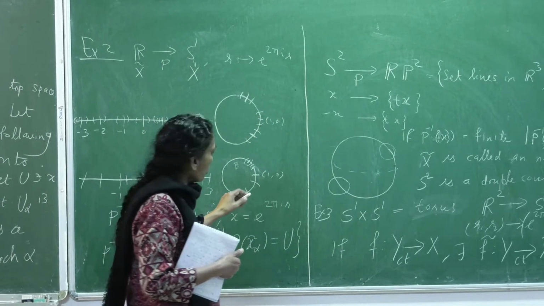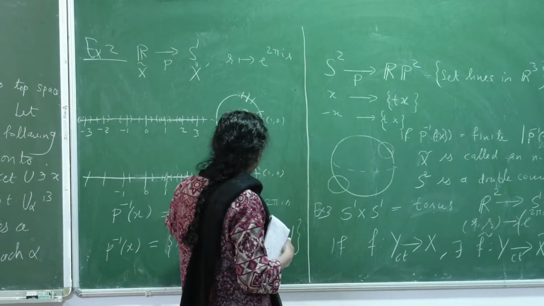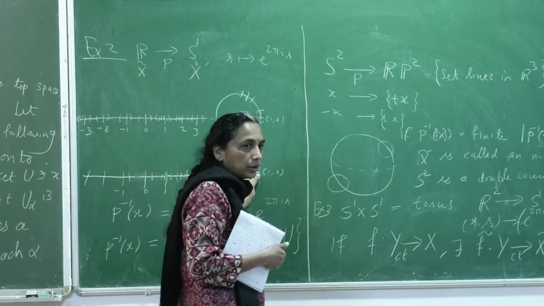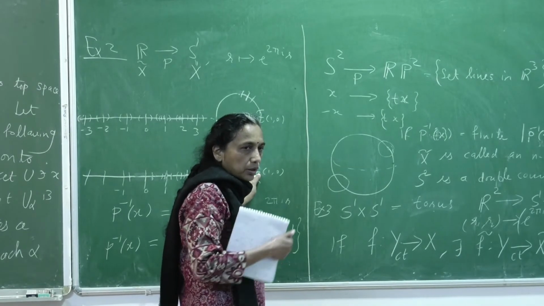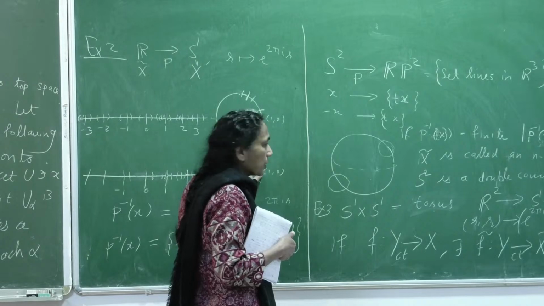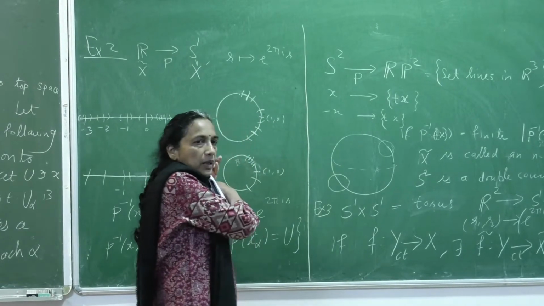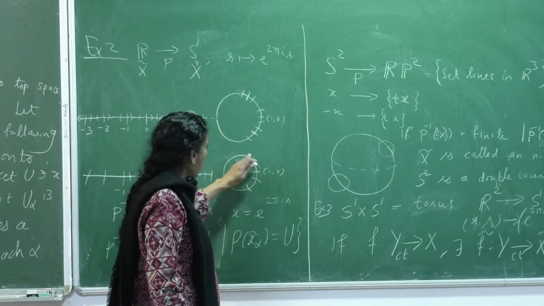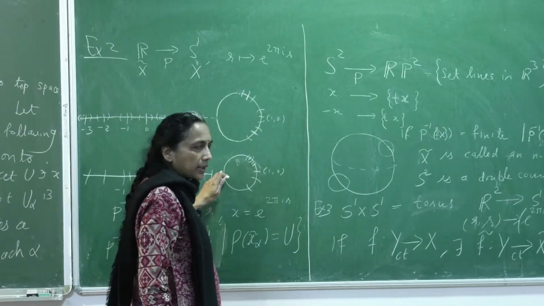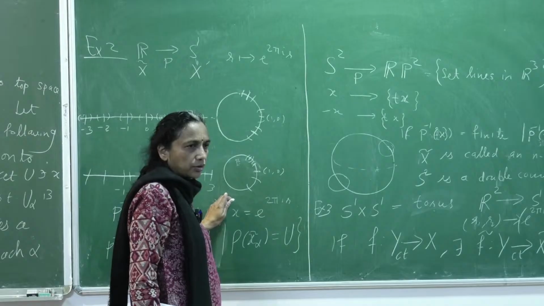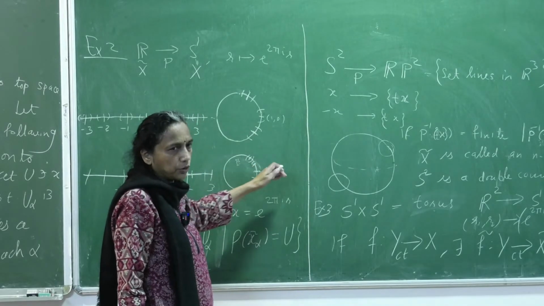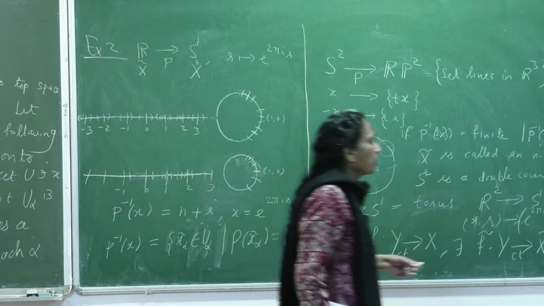If it is e to the power 2 pi i r1 to e to the power 2 pi i r2, then it becomes e to the power 2 pi i r1 by 2 to 2 pi i r2 by 2, which gives the square, and then I can add 180 degrees, plus pi, on the other side, which will also give that.